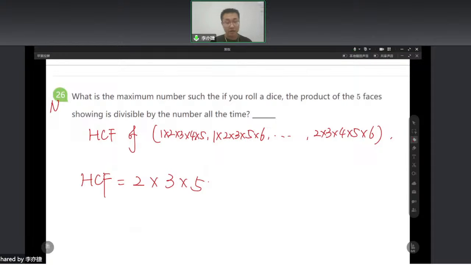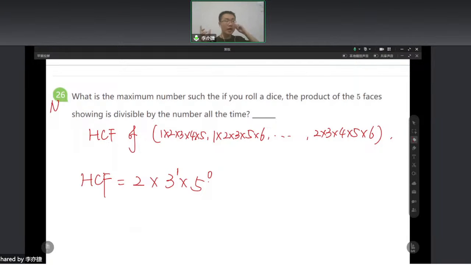For 5, we cannot contain a 5 because we have 1, 2, 3, 4, 6 with no 5s, so 5 to the power of 0. For 3, we have 3 and 6, two 3s, but we can remove a 3 or a 6, so at most only one 3.